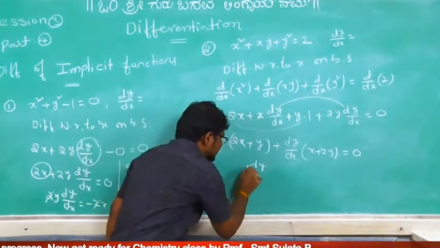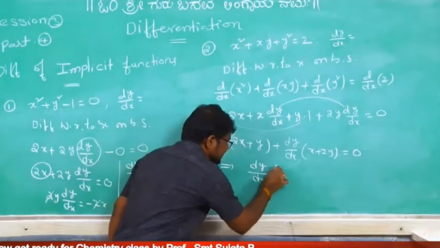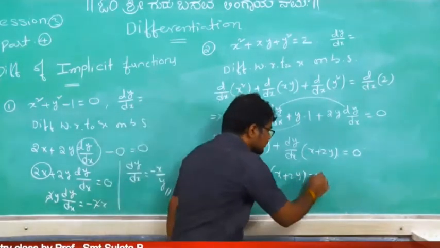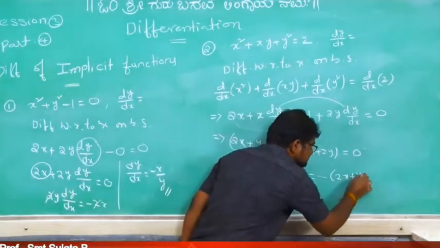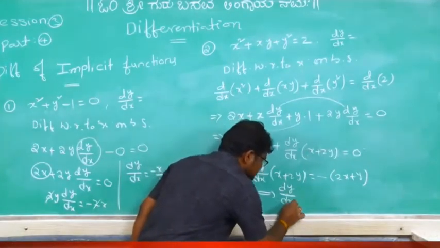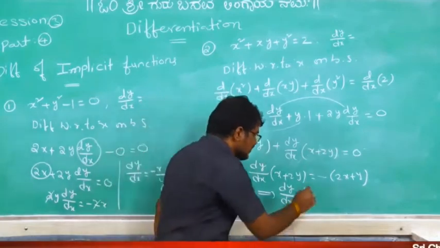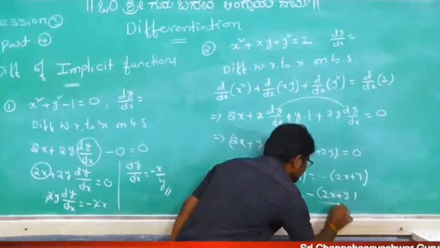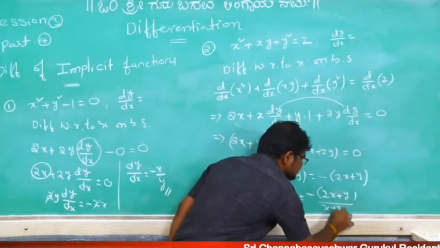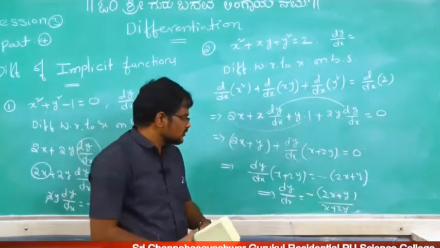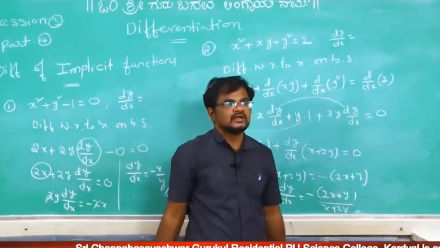Now dy by dx into x plus 2y equal to minus of 2x plus y. Now that implies dy by dx equal to minus of 2x plus y whole divided by x plus 2y.